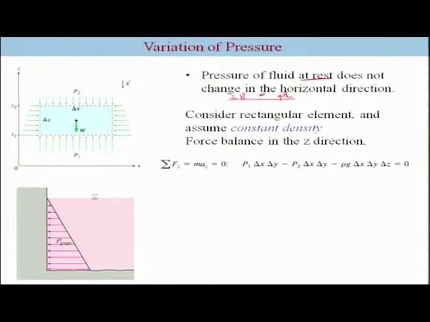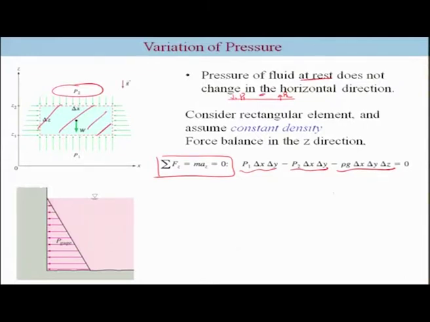Now, let us consider a rectangular region which is this, and I do a simple force balance for this particular mass within the rectangular element. Because it is not flowing, the net force should be 0. This is the force acting on it from below. This is the force due to the fluid above it acting on this particular element, and this is the weight, rho g multiplied by the volume.